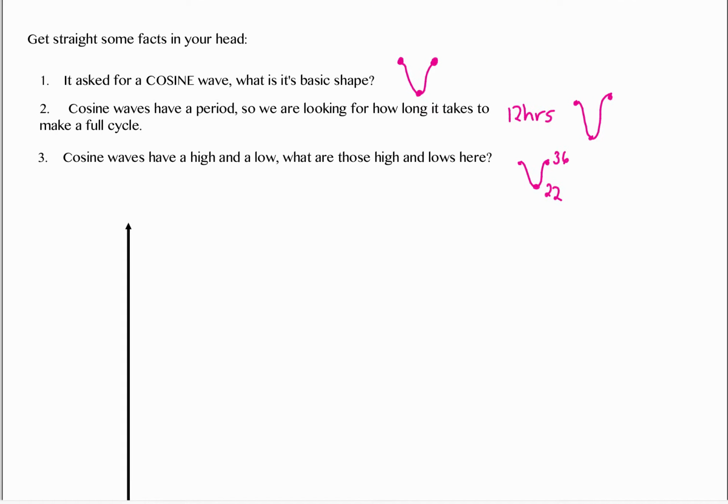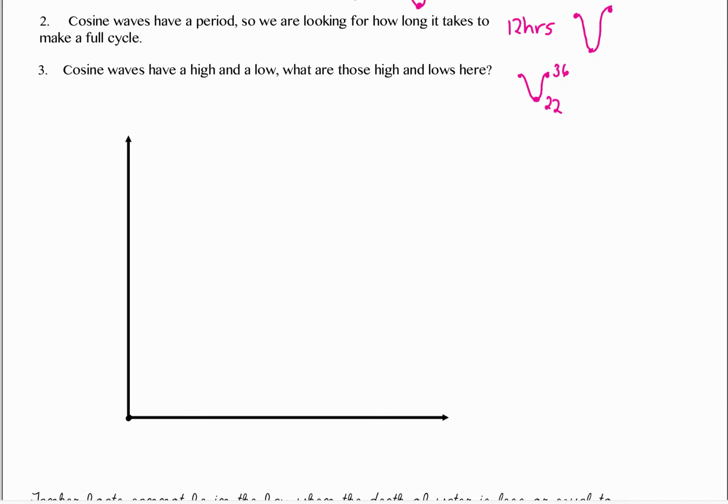We're going to put all that information together and make an equation of a cosine wave. So down here, I have my axes set up, and we're going to rewrite: depth equals amplitude cosine, I'm going to factor out the frequency, plus C. All right, everybody understands the amplitude very well.